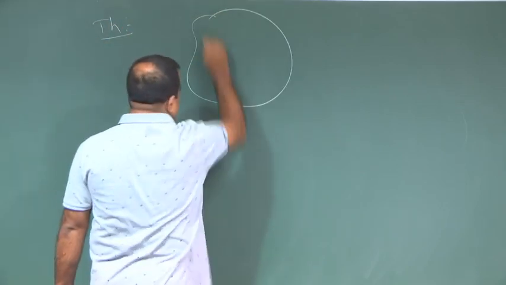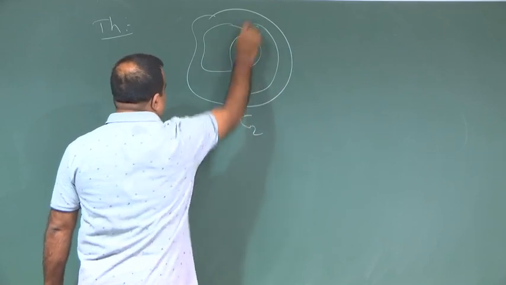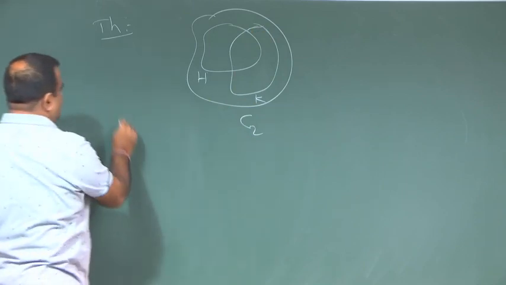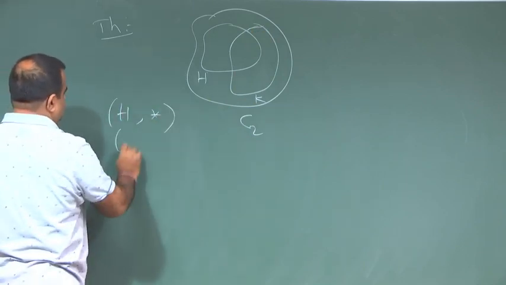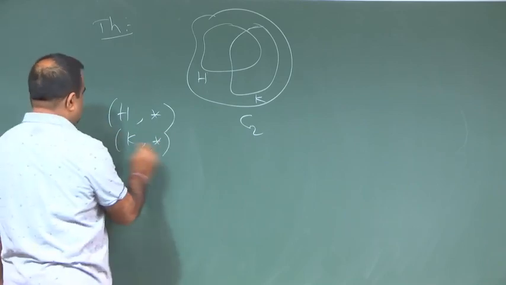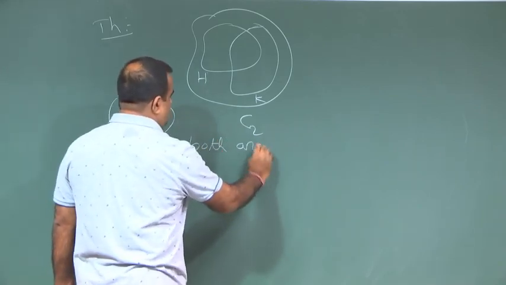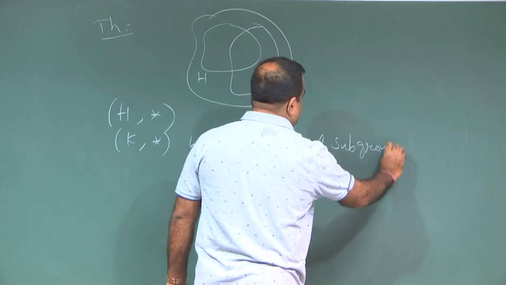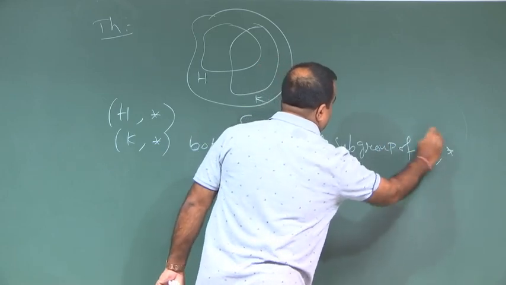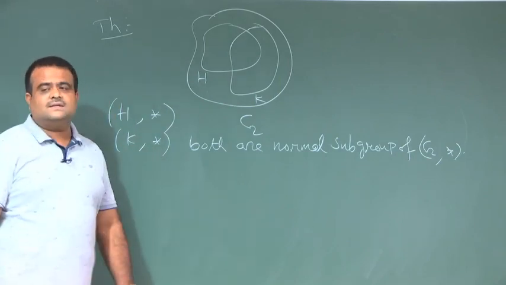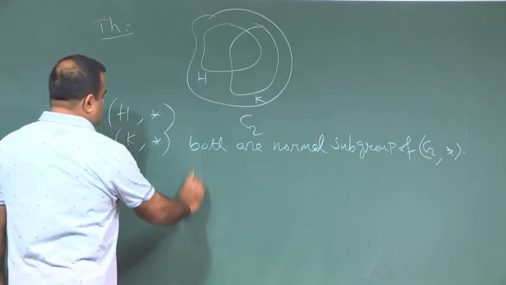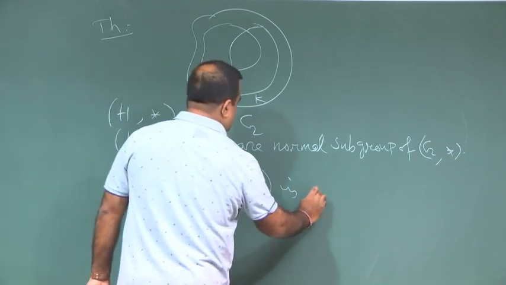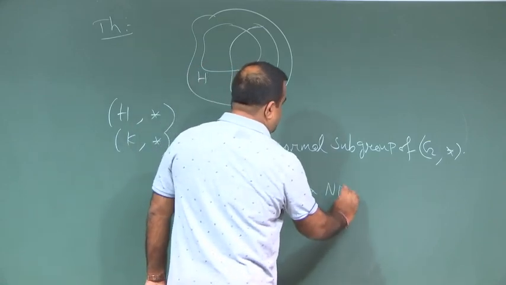So suppose we have a group G and we have two subgroups H and K, and both are normal subgroups of G. Now, the question is whether the intersection is also a normal subgroup. So H intersection K, this is a theorem. How to prove this?